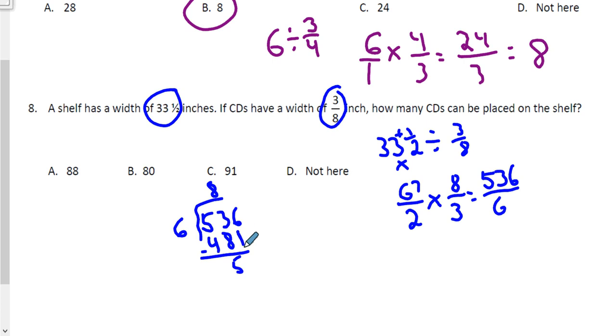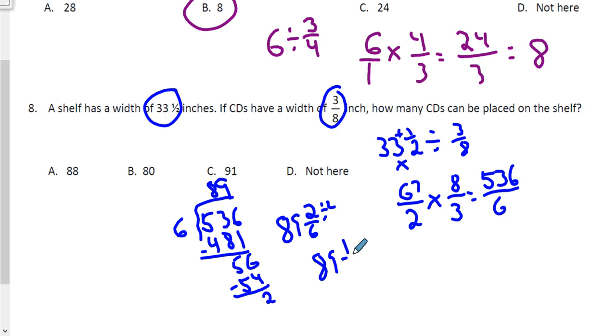So 5, bring down my 6, goes into 56 9 times, which is 54, with 2 left over. So the actual answer is 89 and 2/6, which can be simplified by 2, and you get 89 and 1/3. The problem is I can't have 1/3 of a CD, so I can only have 89 CDs on the shelf.